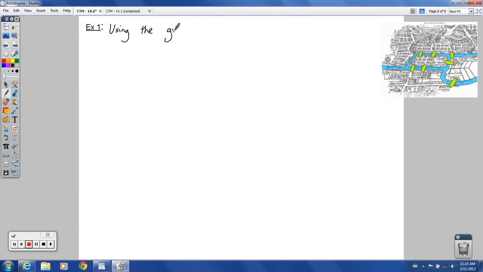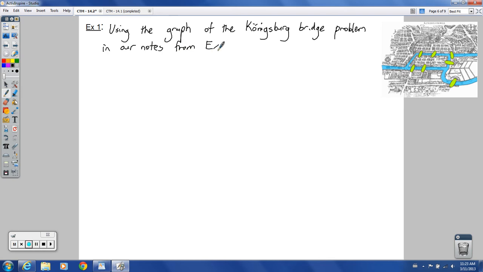Using the graph of the Königsberg bridge problem in our notes from example 1 in the previous lesson, lesson 14.1.